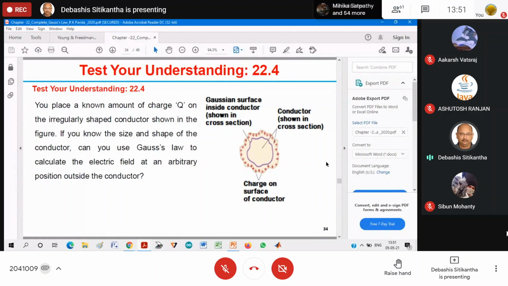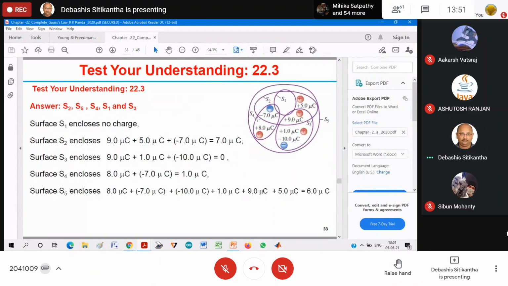Now, just look over here. Doesn't matter if it is a plane surface, 2D or 3D. Gauss law is equally applicable to a point charge, a plane or a surface charge, as well as to volume charge. It is applicable to all these three types of dimension.